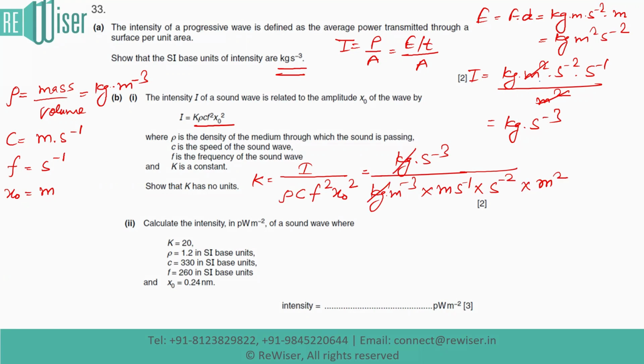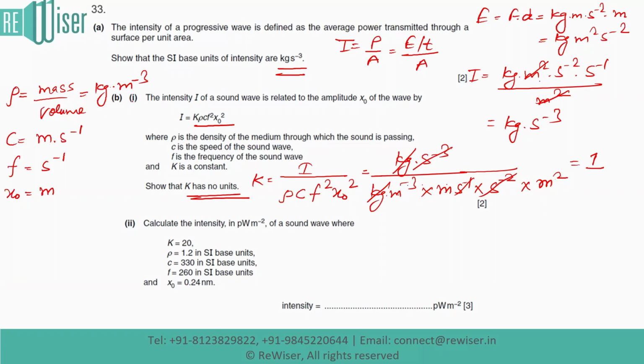Kilogram will cancel out. For s: minus 1, minus 2, gives minus 3, so this cancels with this. For m: minus 3, and m into m square, so plus 1, plus 2, minus 3, gives 0. So that means it will be 1. So k is equal to 1. That means k has no units.